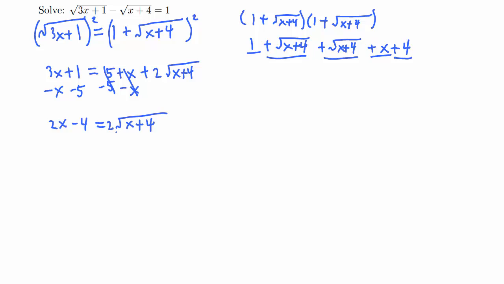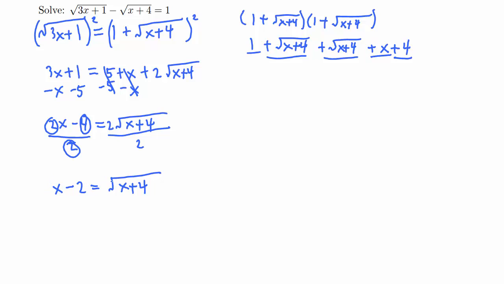And again, all we have to do here to get rid of the 2 is to divide. But notice that both this term and this term have a common factor of 2, and that's along with this term. So I'm going to divide everything by 2 here, and that's going to give me x minus 2 is equal to the square root of x plus 4.